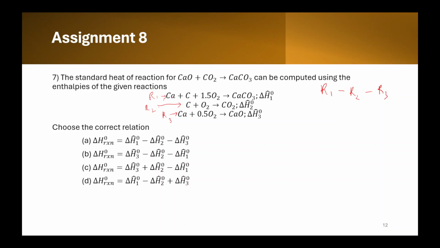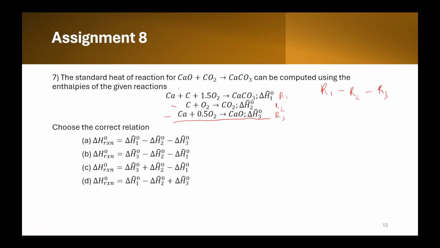And see, if you do that here itself, negative and negative.